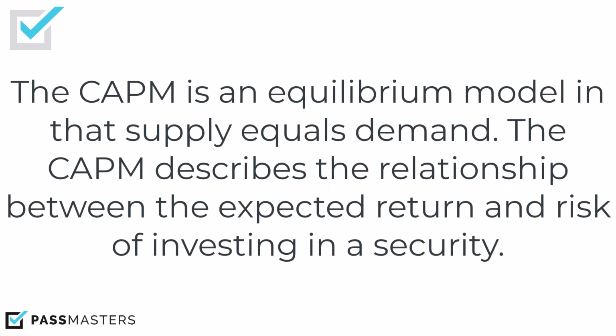The capital asset pricing model is an equilibrium model in that supply equals demand. The capital asset pricing model describes the relationship between the expected return and risk of investing in a security.